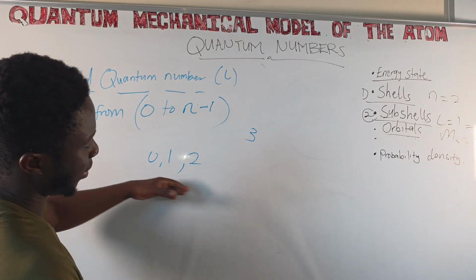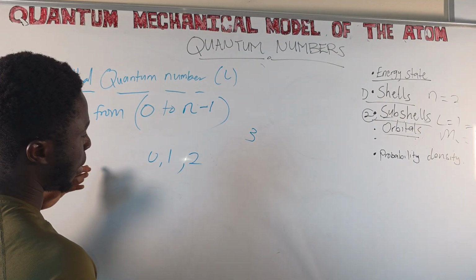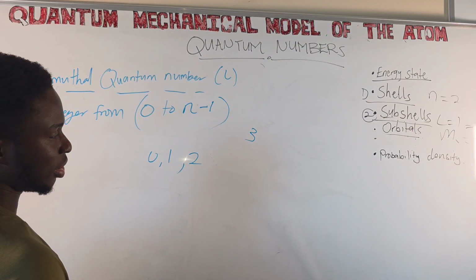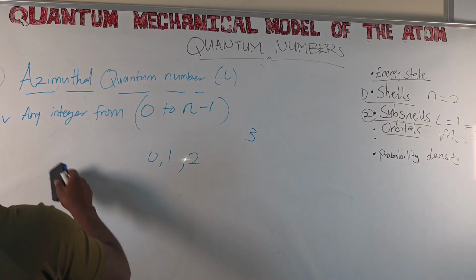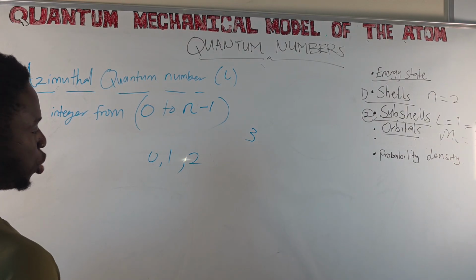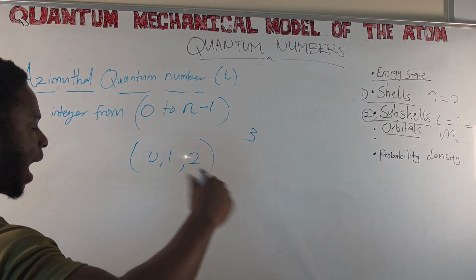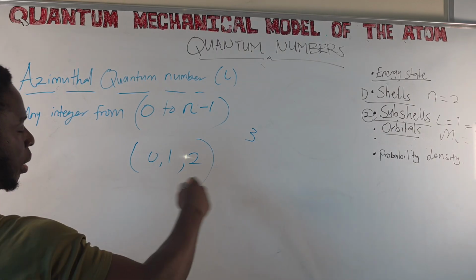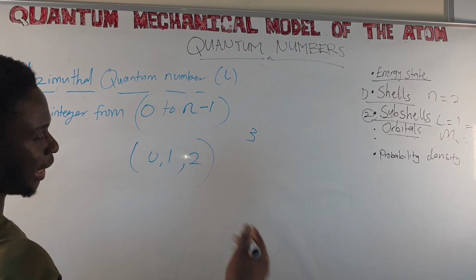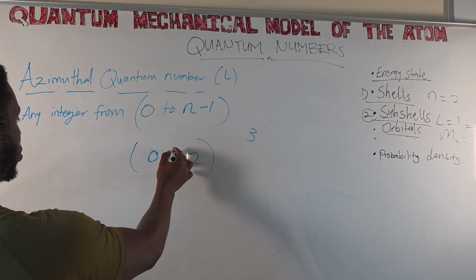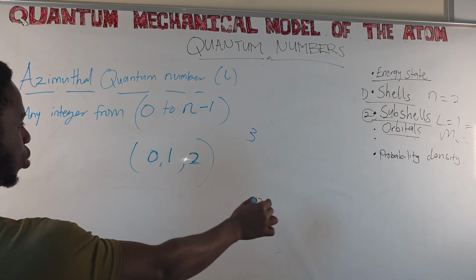So there we have 3 possible subshells. Got it? The azimuthal quantum number would be a set, and this set would give you the possible subshells that the electron would exist in. So it could be subshell 0, subshell 1, subshell 2.